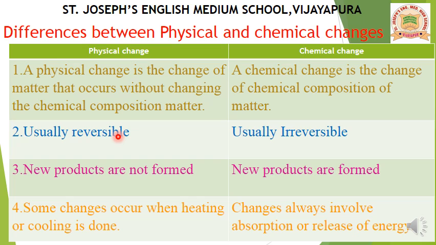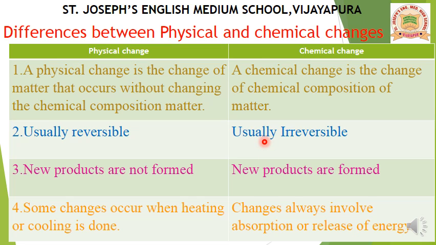Physical change is usually reversible. For example, folding of paper and converting it into a paper aeroplane. It can be reversible. I can unfold it to make a square or rectangle paper. Right? It is reversible. Melting of ice is a reversible physical change. It melts into water. That water we can collect and freeze so that I can get back the same ice cube.